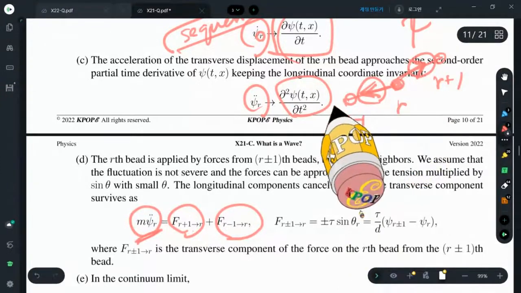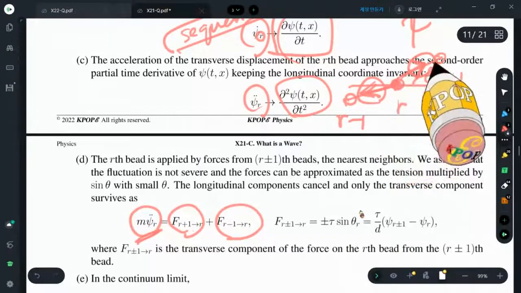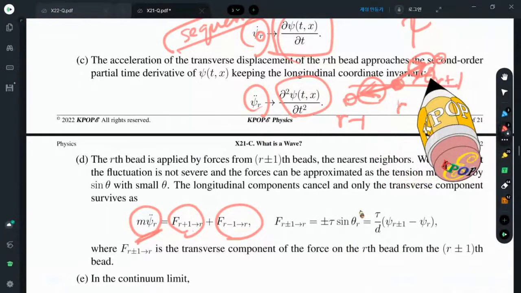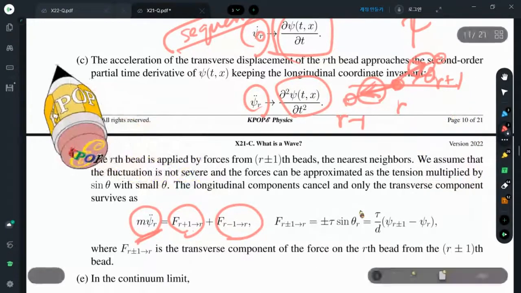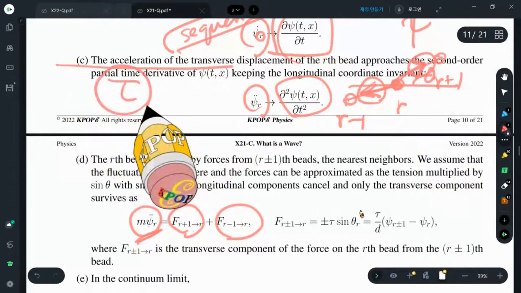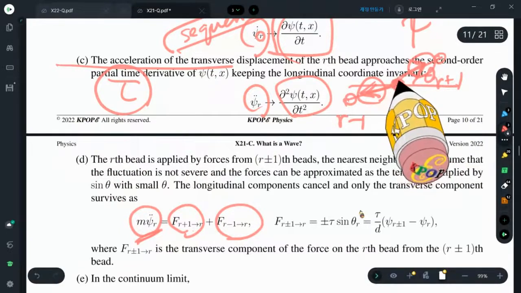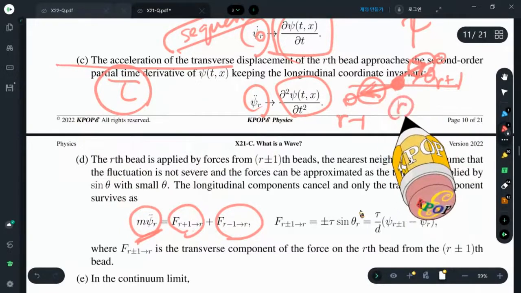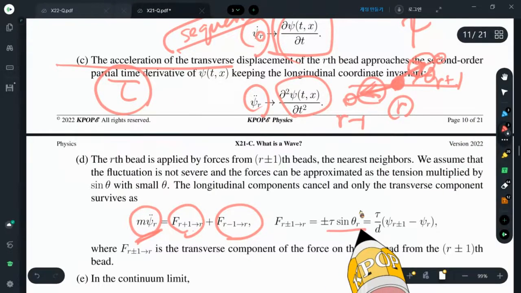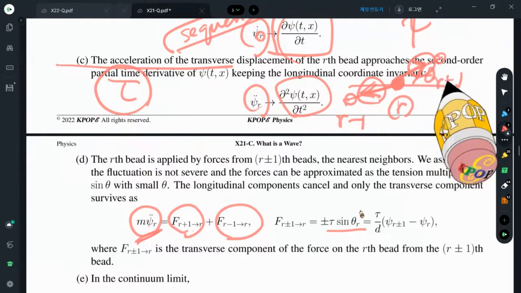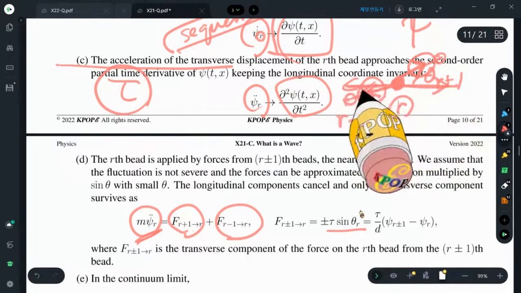And actually, if the angle theta at each point toward the nearest neighbor is small enough, then I can say the string has a tension tau, and at each point, the force applied to this bead, the rth bead, is nothing but tension multiplied by sine theta, because cosine theta is along this direction.